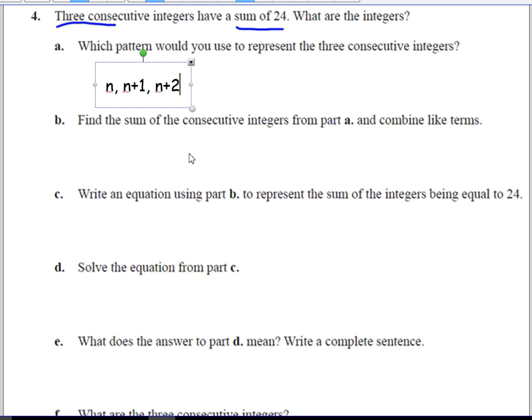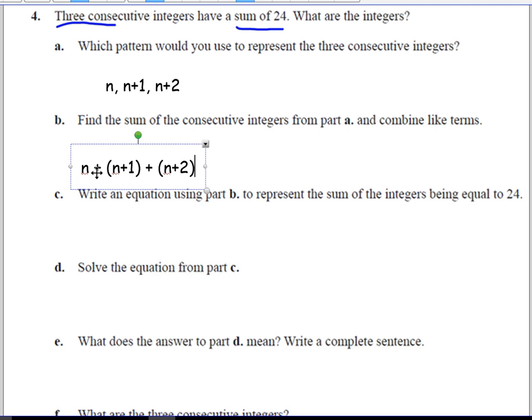Find the sum of the consecutive integers from part A and combine like terms. Sum means to add. So here's our first number. Our second number, I'm going to put it just in parentheses to show you that that's one number that we're going to find. And then our third number is n plus 2.